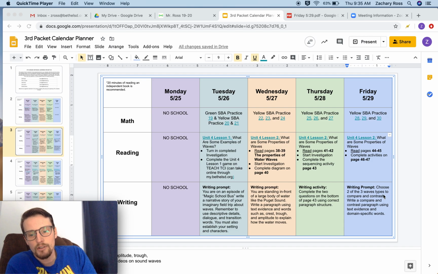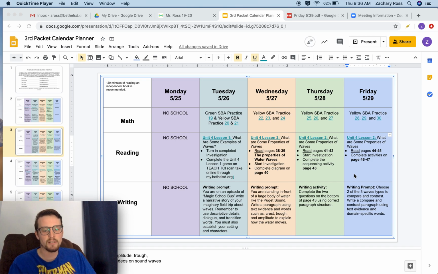At the end, you are going to do the writing prompt, which says choose two of the three types of waves to compare and contrast. Compare and contrast means how they're the same and how they're different. Write a compare and contrast paragraph using text evidence and domain-specific words.